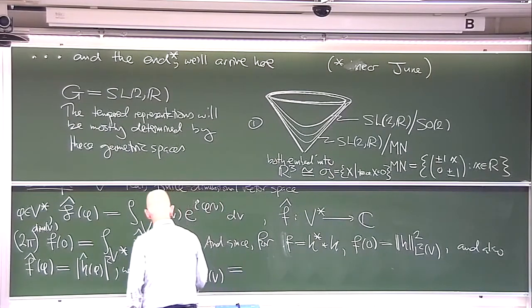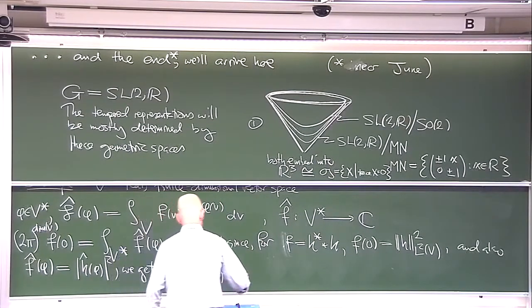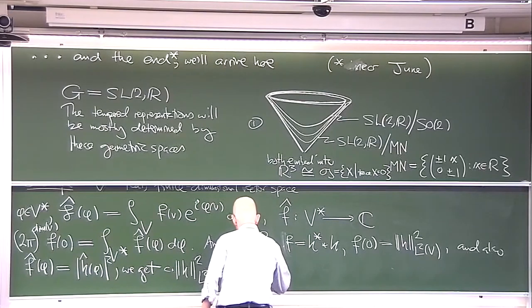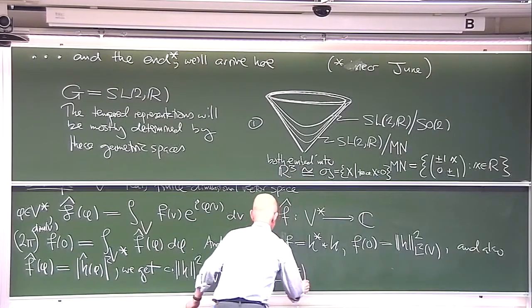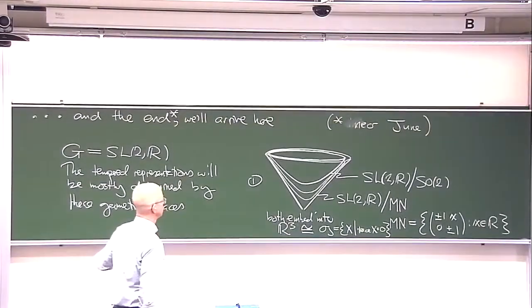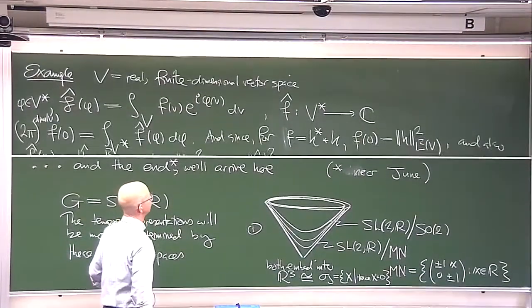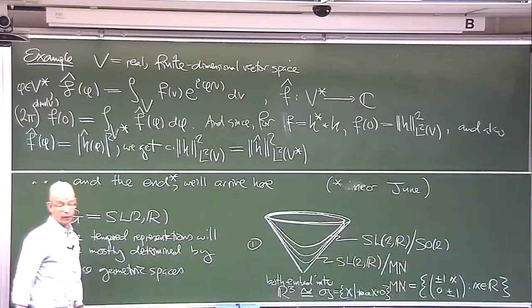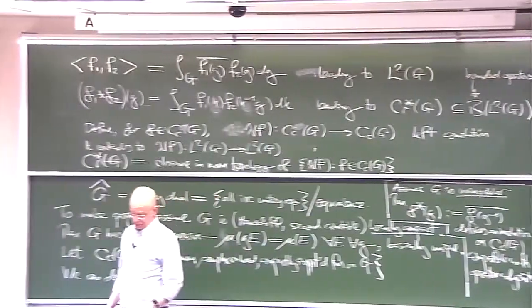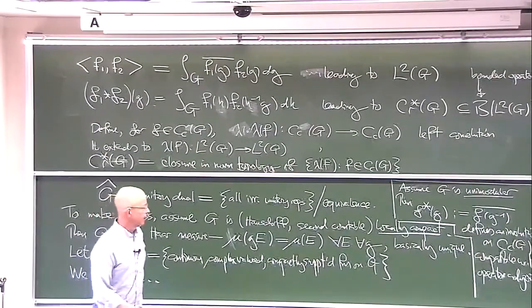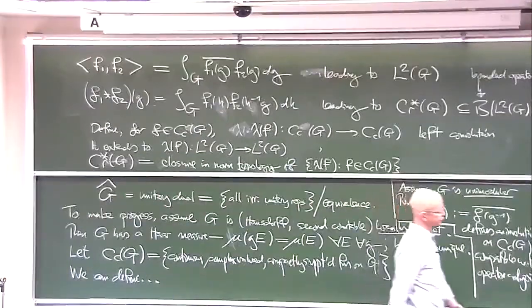Which says that, well, there's some constant, c here. So the Fourier transform is a unitary isomorphism, after you adjust by a constant, from L2 of V to L2 of V star.